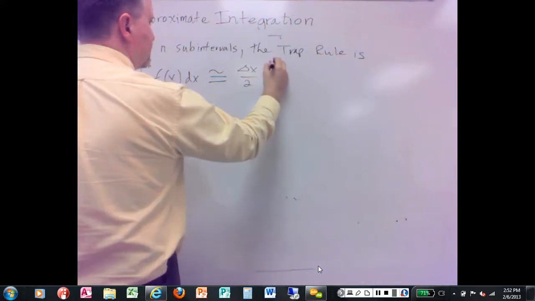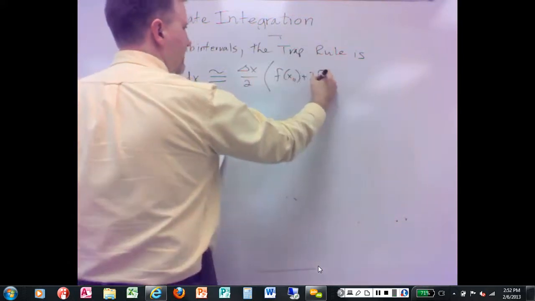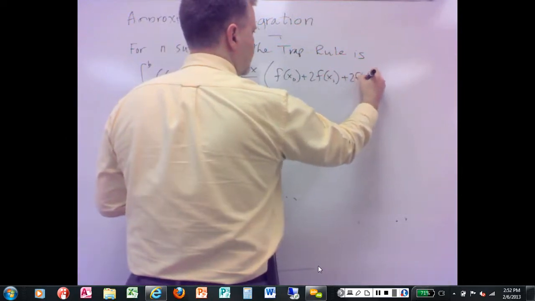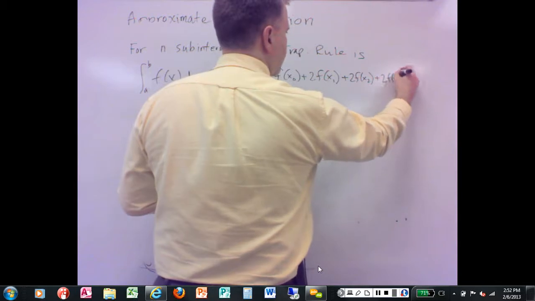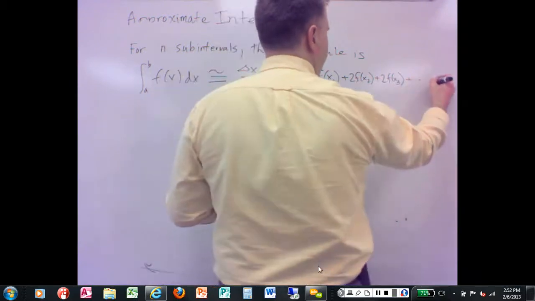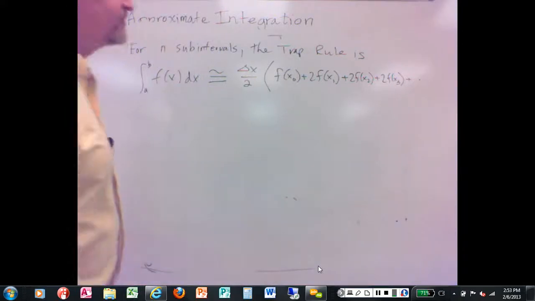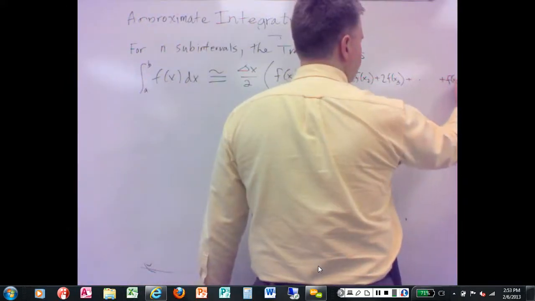Like we said, that's always there. Then it's f of x sub 0 plus 2 f of x sub 1, 2 f of x sub 2, 2 f of x sub 3, until we get to where? Well, it goes out 2, 2, 2 until I get to the last one, which is just f of x sub n.